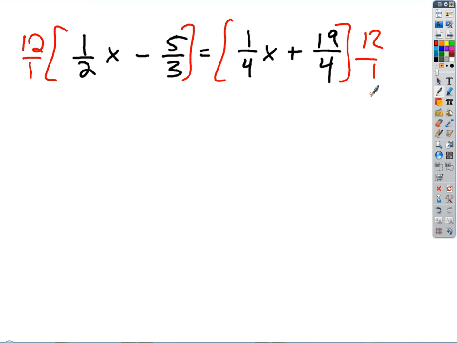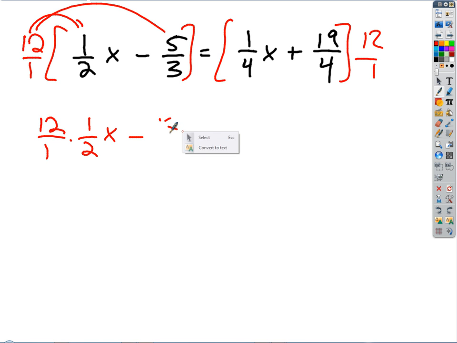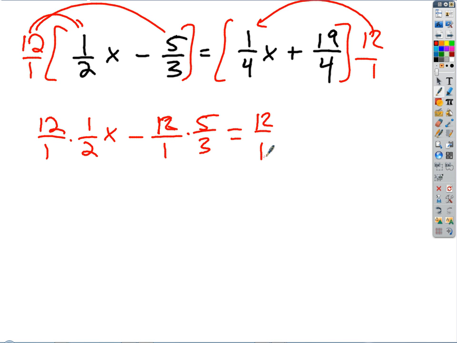So if I distribute that through, now watch the magic. 12 over 1 times 1/2 x, I'll just write it like this first, minus 12 over 1 times negative 5/3, equals, if I distribute it over here, 12 over 1 times 1/4 x plus 12 over 1 times 19/4. That still looks pretty ugly, but watch this.